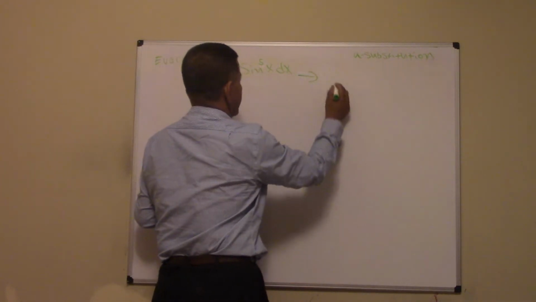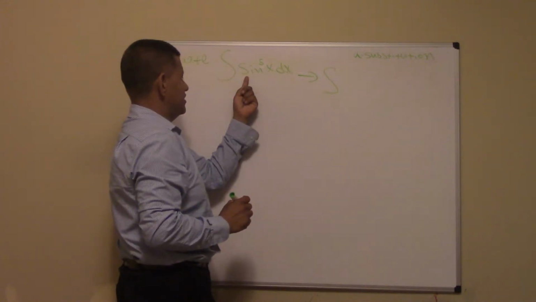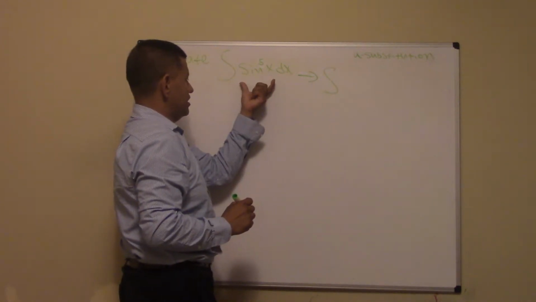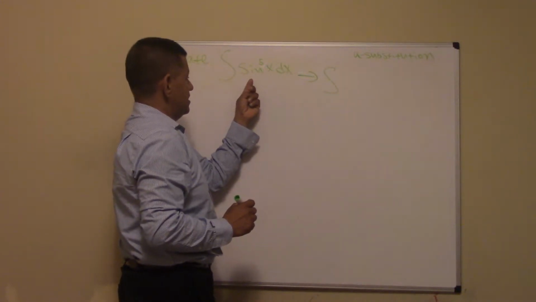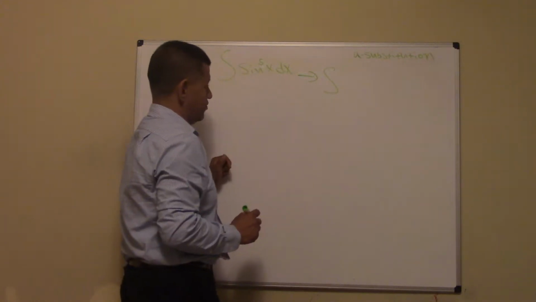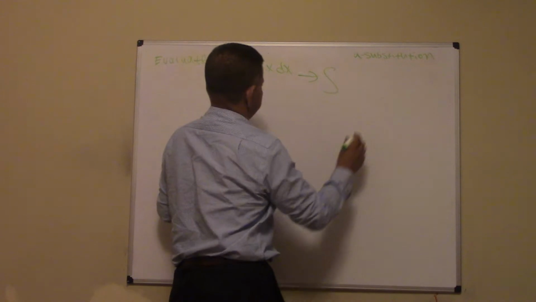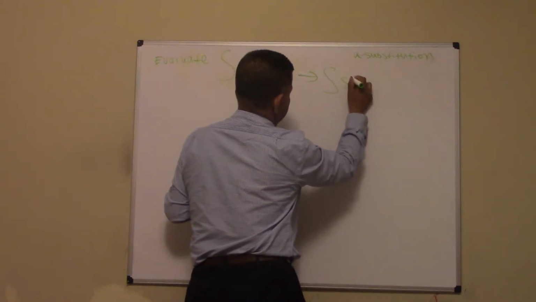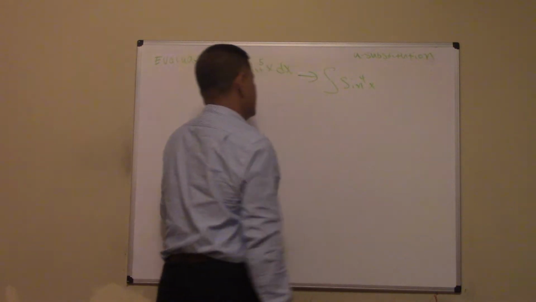We can write this as the integral of sine to the fifth power x, we can write it as sine to the fourth power x, right?